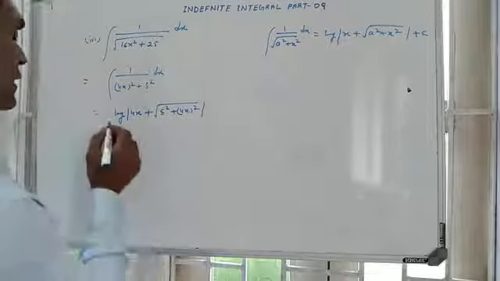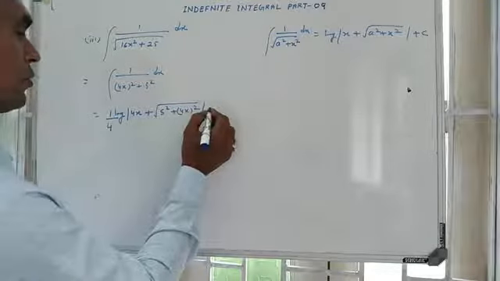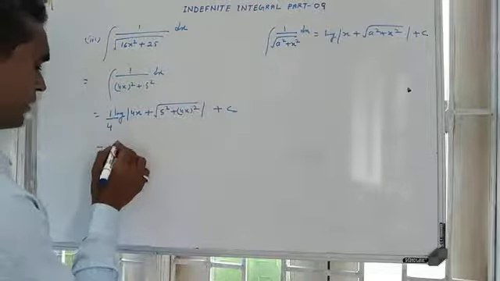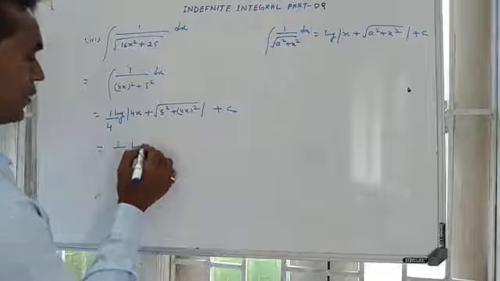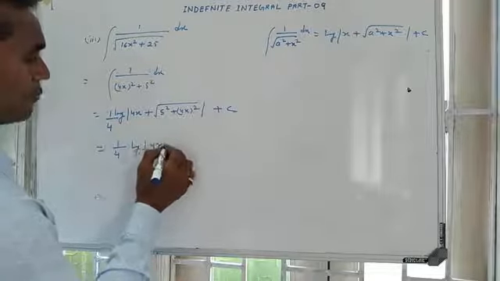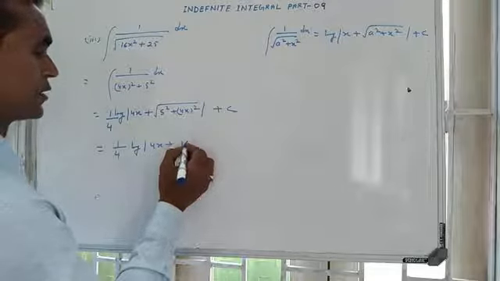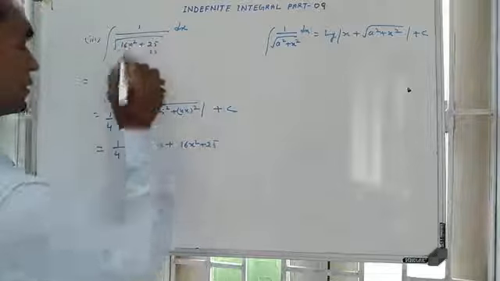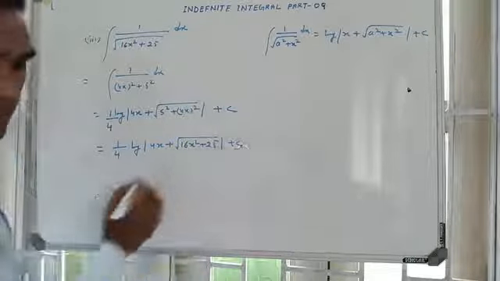Coefficient of x is here 4. So the whole will be divided by 4, plus c. After that you can simplify this final result: 1 by 4 log of 4x plus root of 16x square plus 25, that is the original function, plus c.